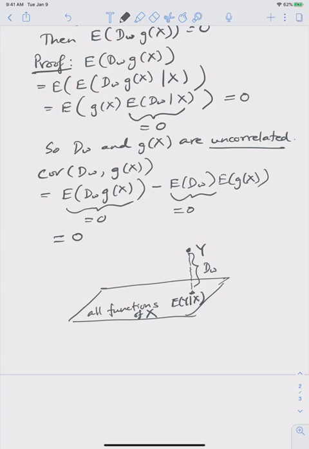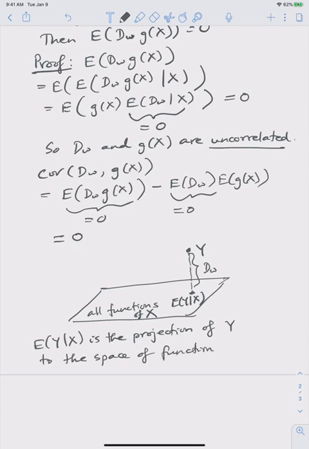But you will see the conditional expectation of Y given X called the projection of Y to the space of functions of X. And we will soon see that if you use a particular criteria of what makes a good prediction, then this conditional expectation is the best prediction that you can make.